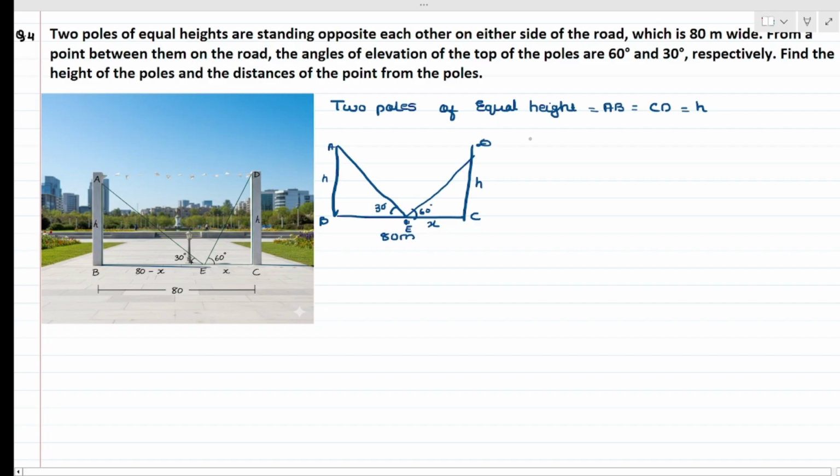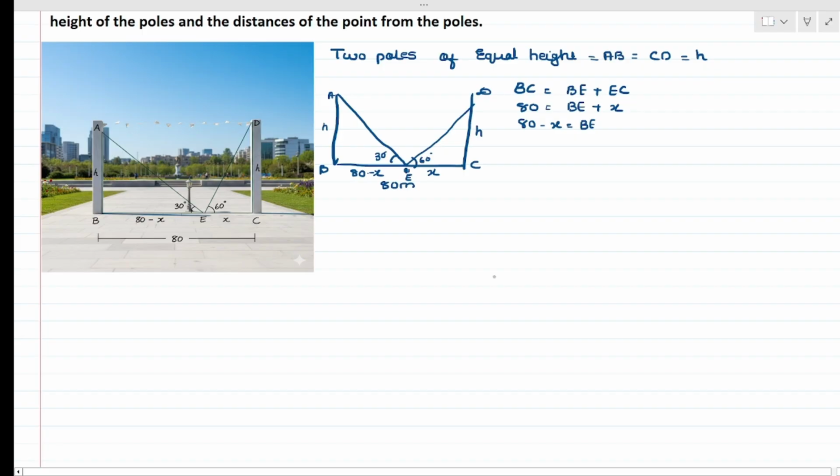You can clearly see that BC is the summation of BE plus EC, where BC is 80 meter, BE we don't know, and EC is X. So if X goes over there, you will get BE as 80 minus X. So that means this becomes my 80 minus X. Okay. Now just find the heights of the poles by selecting your triangle one by one.